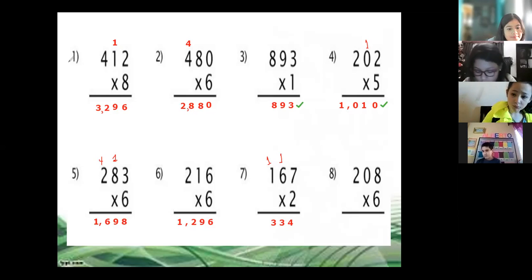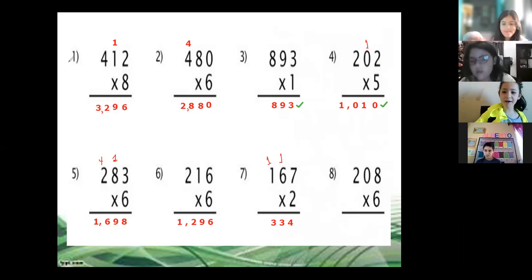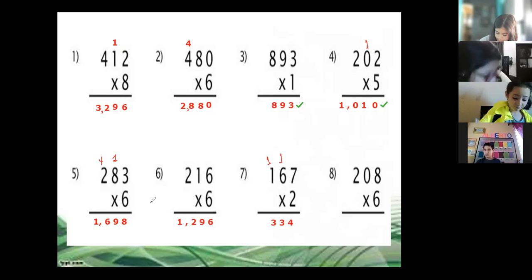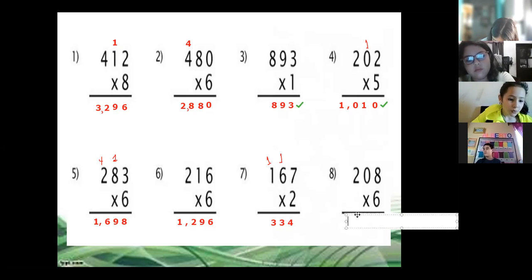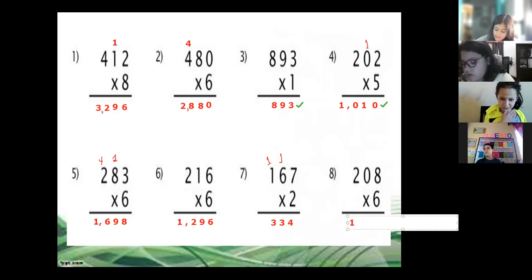Now, number 8, who has the answer of 208 times 6? Mia. Okay, Mia, what is the answer of that one? We have 208 times 6. This is number 8. 1,248. Mia says she doesn't know how to pronounce the number and will write it in the chat.